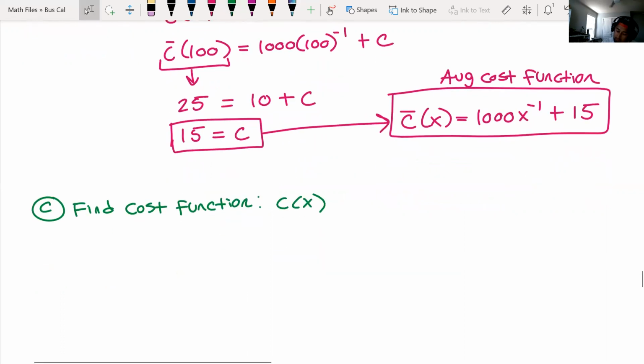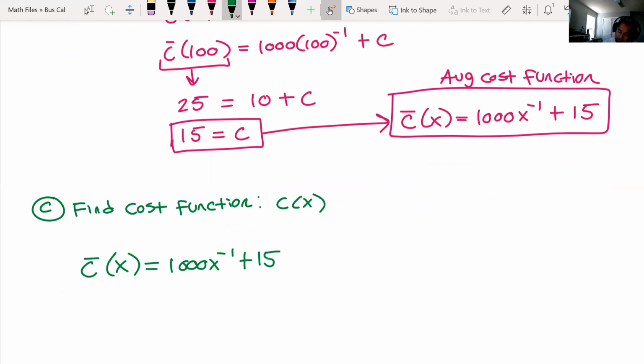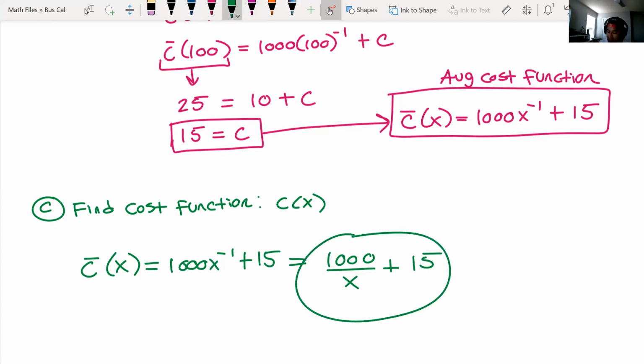Okay. So what we're given is C bar of X is equal to 1,000x to the negative 1 plus 15. Well, I can rewrite this as 1,000 over X plus 15. And all I have to do is put these two terms together by getting a common denominator.